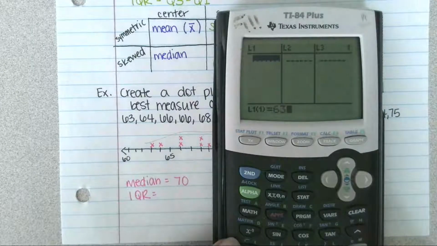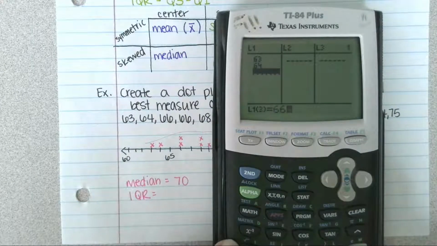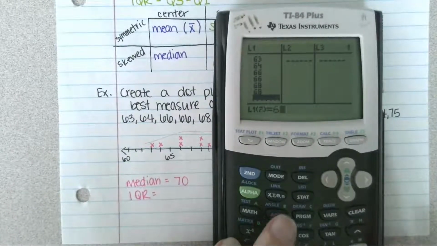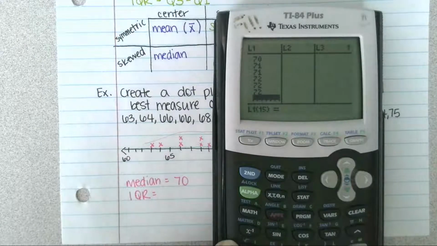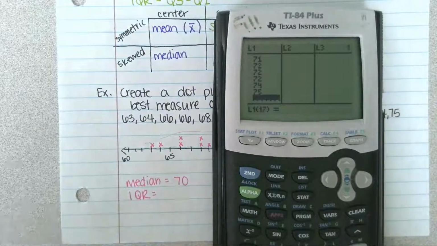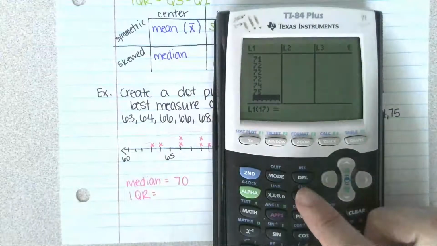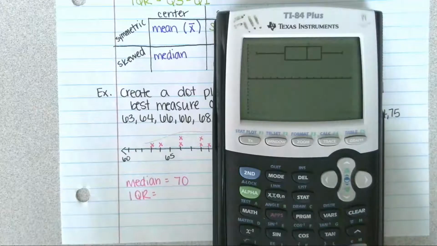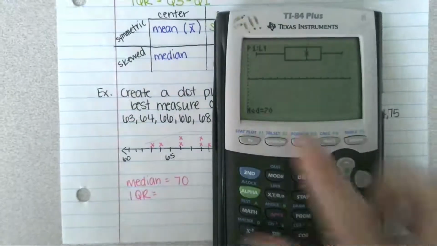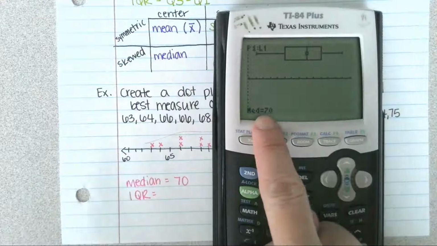So 63. When you're done, we are then going to press Zoom 9 and Trace. So you can see my median is at 70, so I did that correctly.